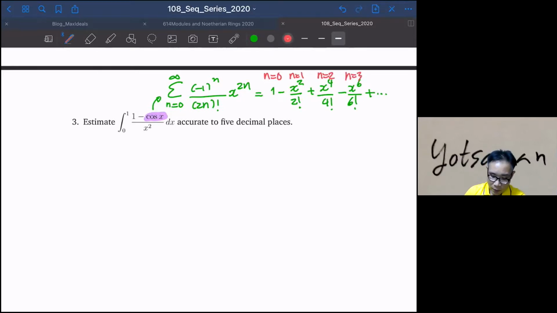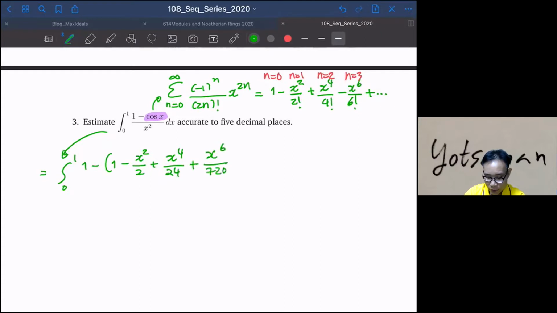So you're going to write this as the integral from 0 to 1, and you have 1 minus, so you just copy them down: 1 minus x squared over 2 plus x to the 4th over 24 minus x to the 6th over 720, and you continue like this, with everything over x squared, dx.